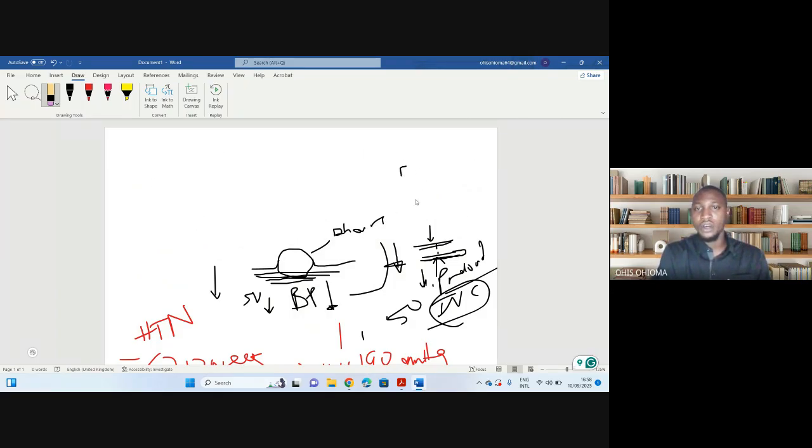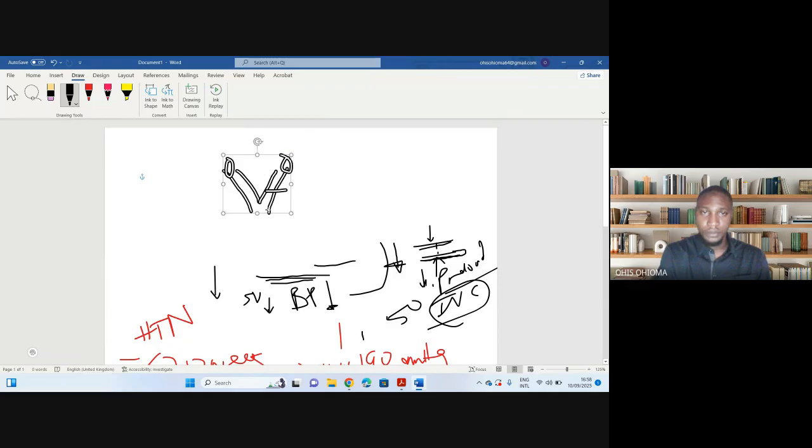So early on in development of the female, the paramesonephric ducts, these two ducts here, come together to fuse to form the uterus, the fallopian tubes, and the upper part of the cervix and vagina.